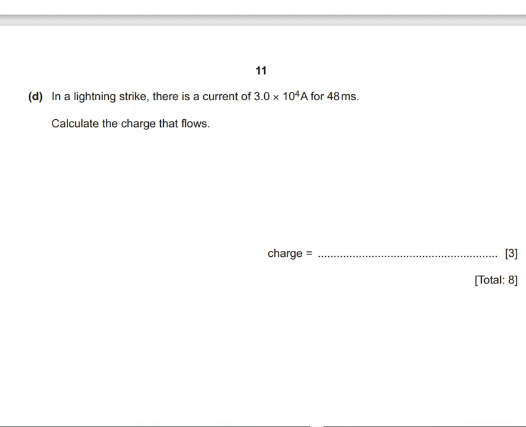So we already know the current, which is 3.0 times 10 power 4 amperes. Then we also have the time taken, which is 48 milliseconds, that is 48 times 10 power negative 3 seconds.